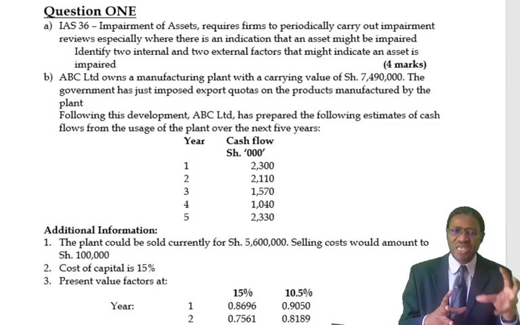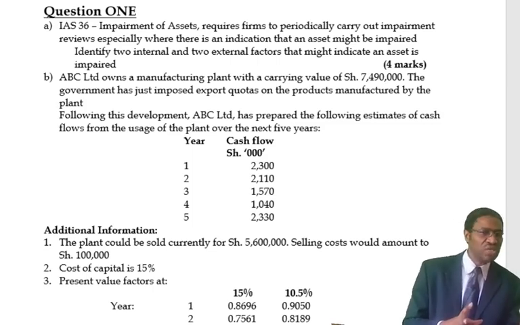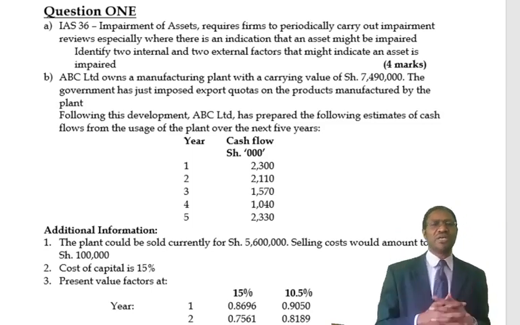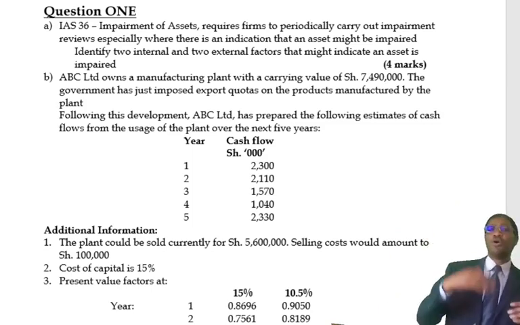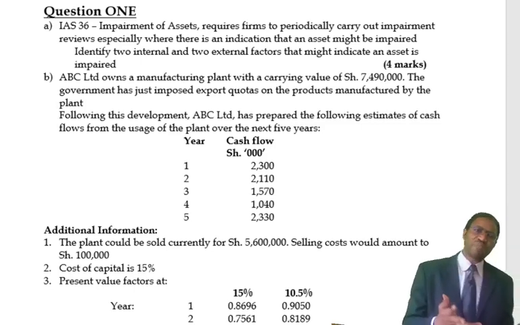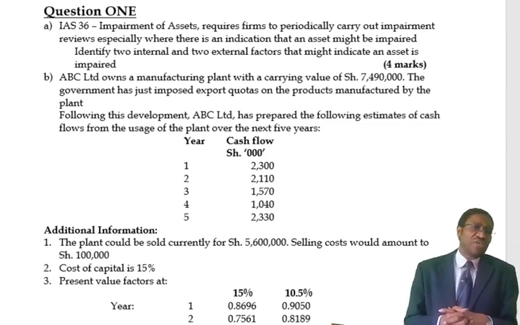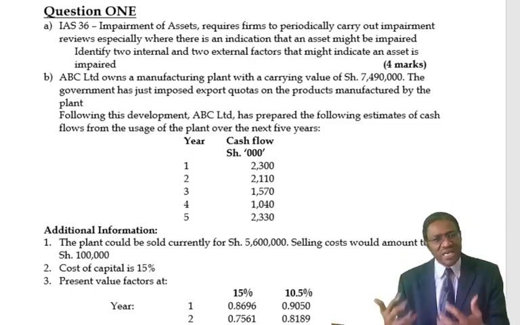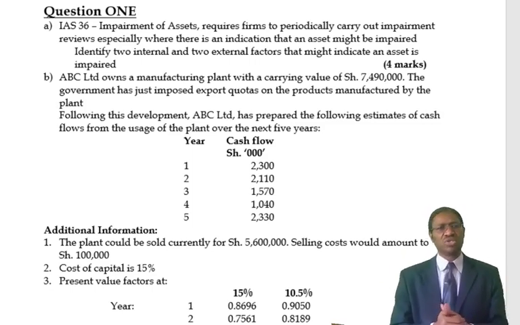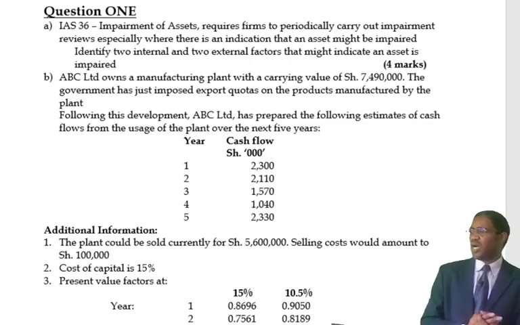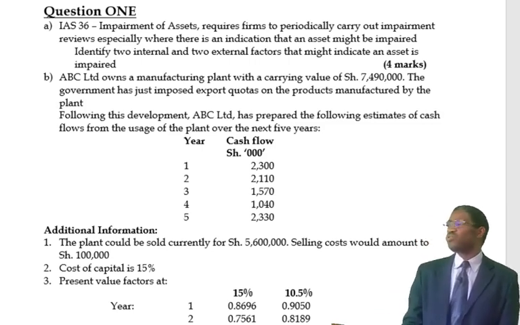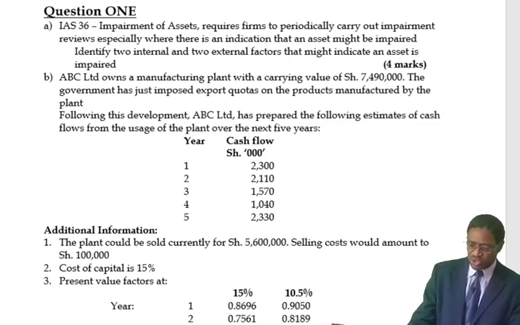Those indicators, either internal or external, might take place within your company or outside of it. They could have taken place, but maybe your asset still has not suffered. But we are saying test. So we shall finish with that area. Otherwise, for now, I want us to do part B of that question.